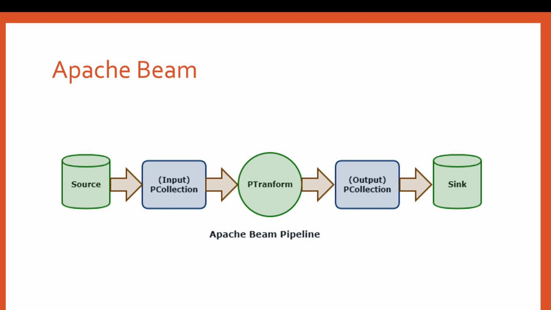And more precisely, Apache Beam processes the data in memory, which is much more efficient than Apache Spark. So it's doing the same thing as Apache Spark, but more efficiently and differently. So that's why Apache Beam is more efficient and more useful than Apache Spark.